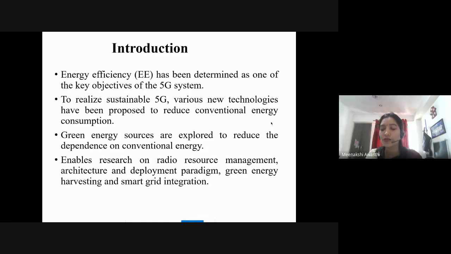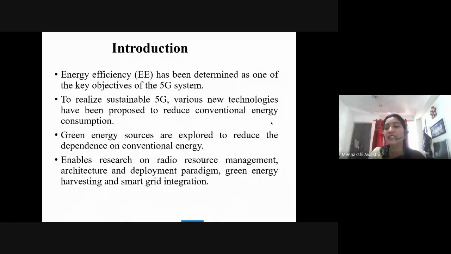This leads to the requirement of a 2,000-times increase in energy efficiency. You can see that this huge energy efficiency improvement is required when we want to deploy 5G in networks. Therefore, high energy efficiency is critical for the sustainable development and growth of 5G networks.